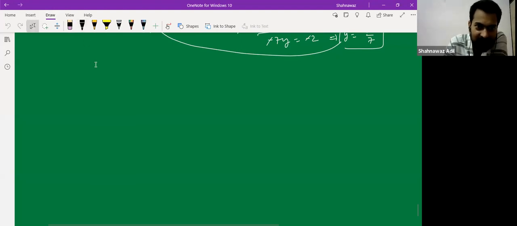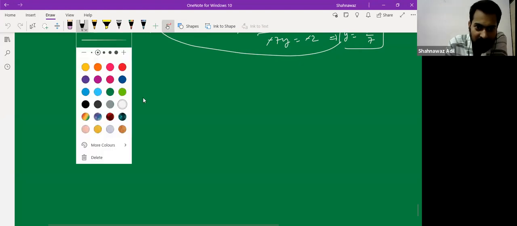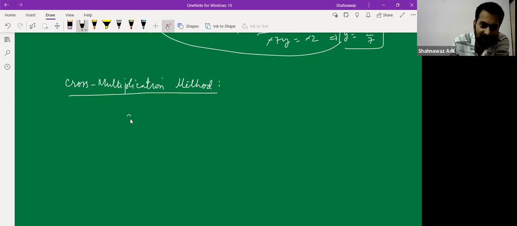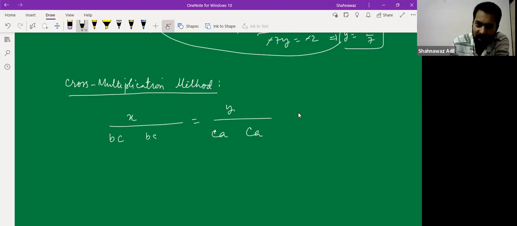So what is the method? The cross multiplication method. You just have to learn this one: x by BC equals y by CA equals 1 by AB.